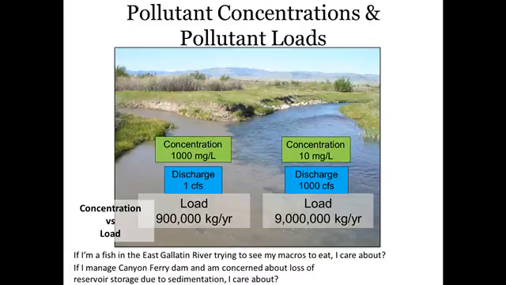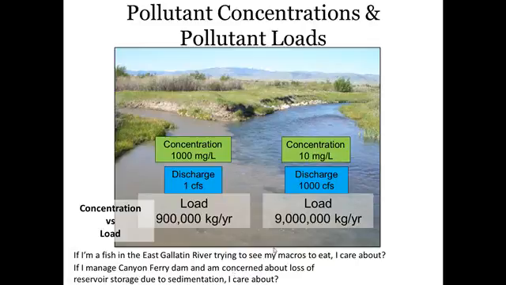Because, let's think about if I'm a reservoir manager downstream of these 2 sites, I don't care at all about concentration in these tributaries. I just care about the total amount of sediment that is landing in my reservoir.